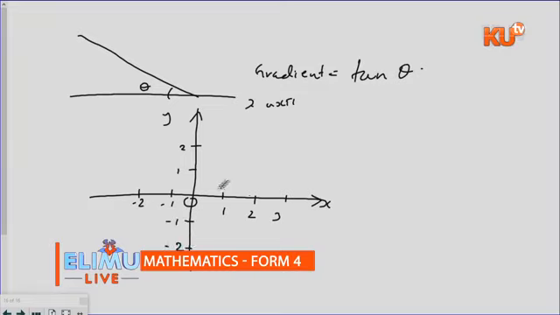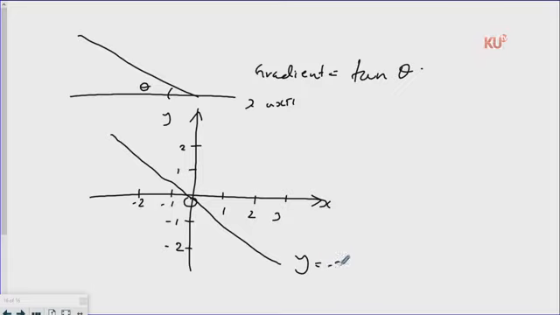So the line y equals negative x should be this line. Our point 2,3 will be somewhere here.